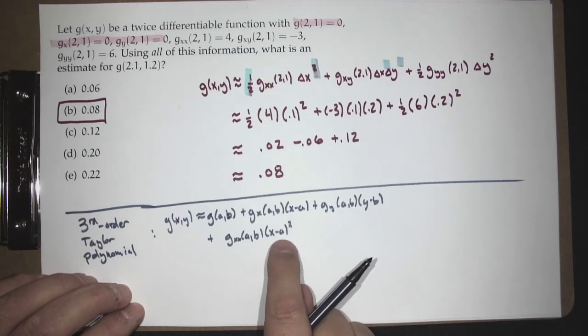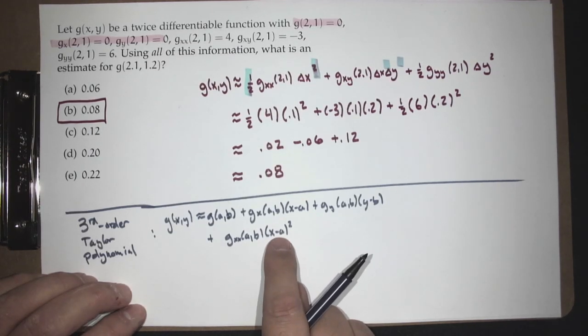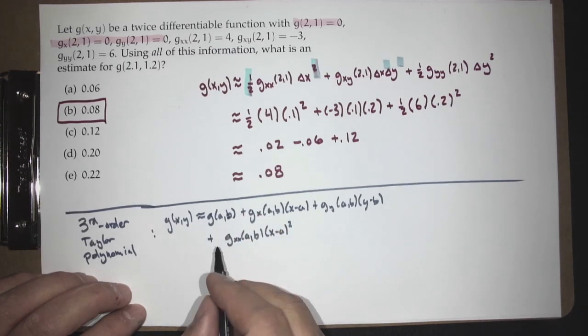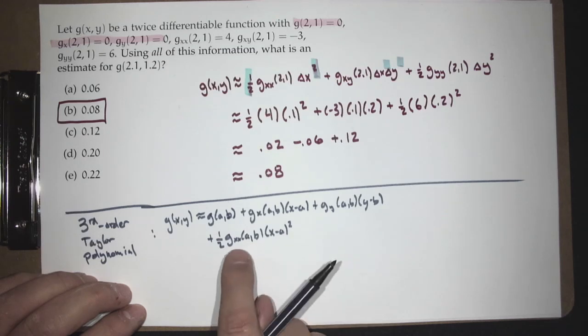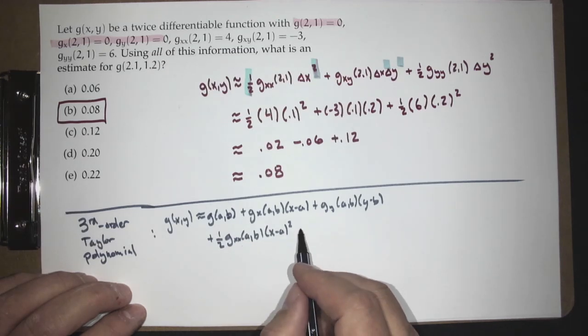And just think about how would I take derivatives to get this (x minus a) squared to be a constant? Well, I take 2 derivatives with respect to x. In the process of taking 2 derivatives with respect to x, I'd create a 2. So put a 1/2 here. So that at the end, you'd end up with just the g_xx.